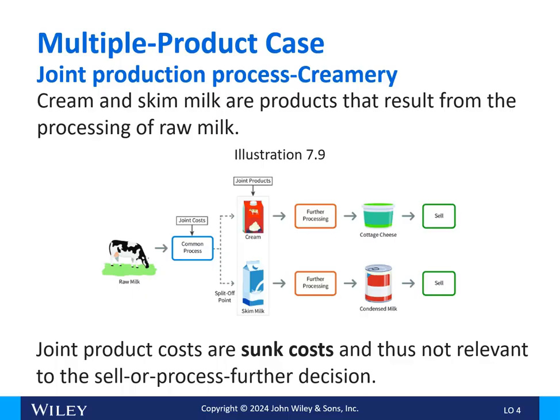We have skim milk coming out of the common processes. We could process that further, make condensed milk, and sell that. Joint product costs are sunk costs and thus not relevant to the sell or process further decision. Again, sunk costs, we don't worry about them in the incremental analysis that we're doing.